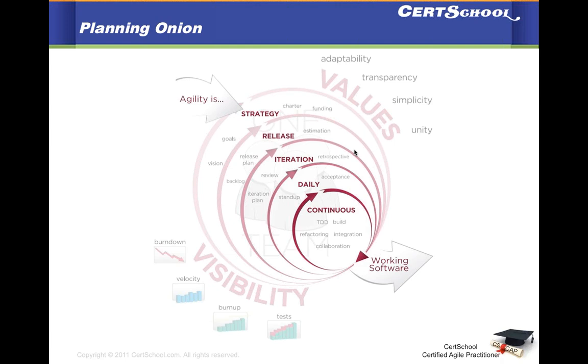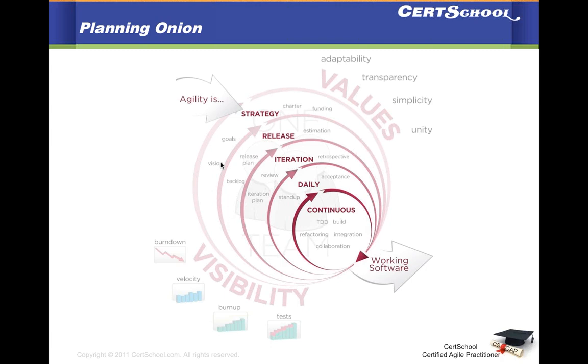Typically you have a release every 2 or 3 months, so let's say a quarterly frequency. So you're planning for your releases maybe every 3 months, every quarter. You're having release planning there, you're adjusting your backlog, you're taking feedback from the customers. So there's a lot of planning going on at the release level.